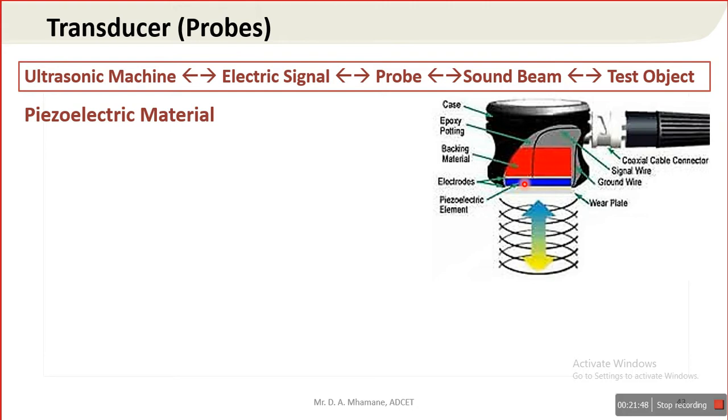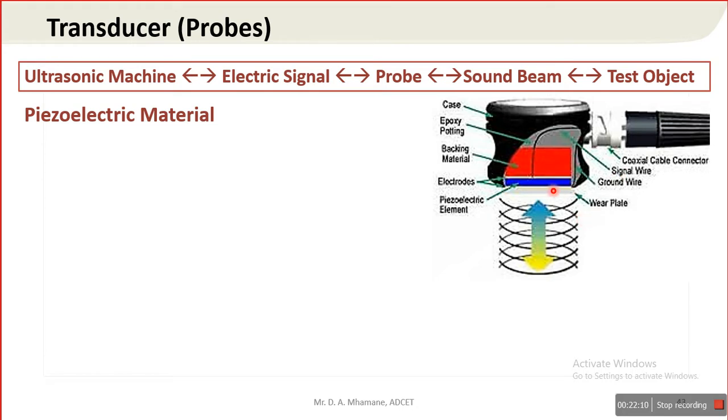This piezoelectric element helps to convert mechanical signal into electrical and vice versa. So this is the coaxial cable connector. There are multiple types of connectors we will see. This is the signal wire which is connected to the piezoelectric element.